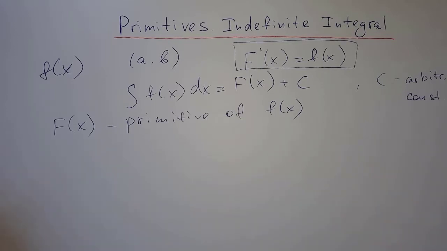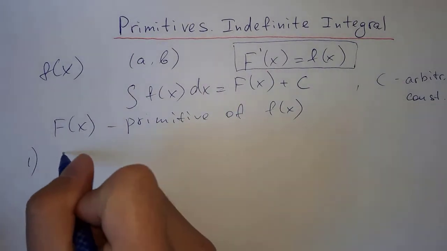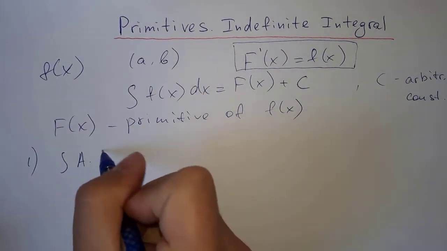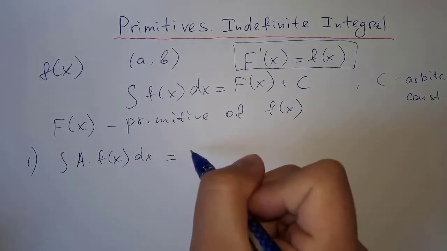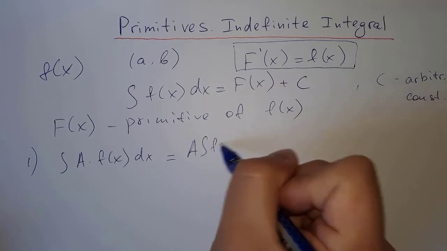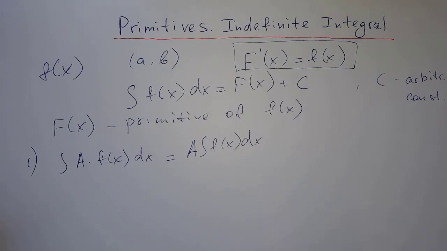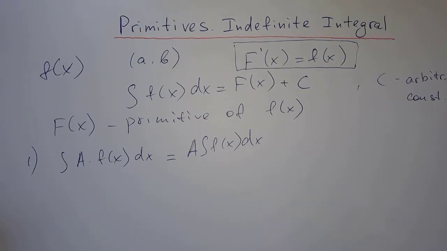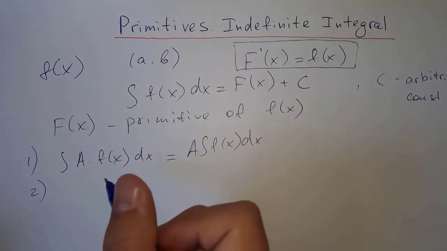So firstly, the integral of a constant times f of x dx is a times the integral of f of x dx, where a is a constant. So this is the first basic rule. The second one is the sum.